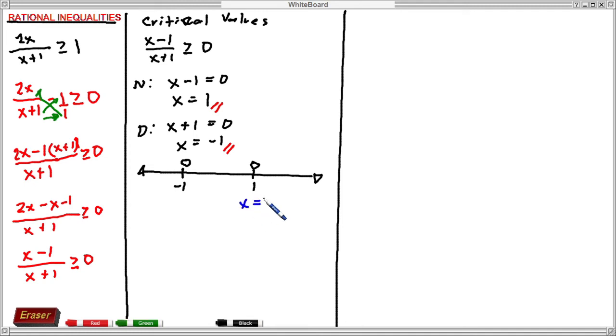If our x is equal to 1, substitute lang natin yung x dun sa ating original equation, which is 2x over x plus 1 is greater than or equal to 1. Okay, so that is 2 times 1 all over by 1 plus 1 greater than or equal to 1. 2 times 1 is 2 all over by 1 plus 1 is 2 greater than or equal to 1.